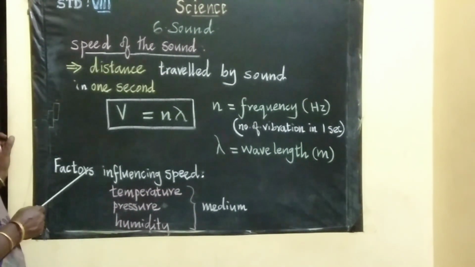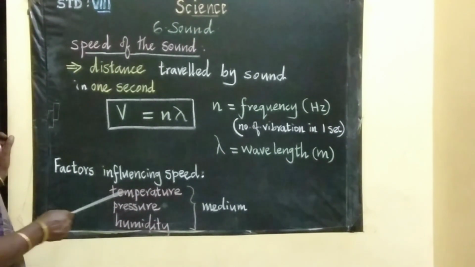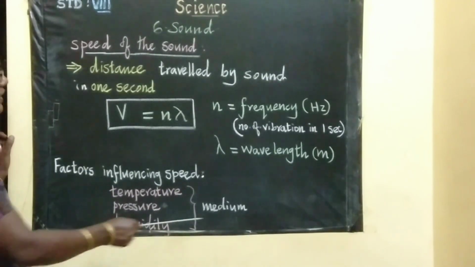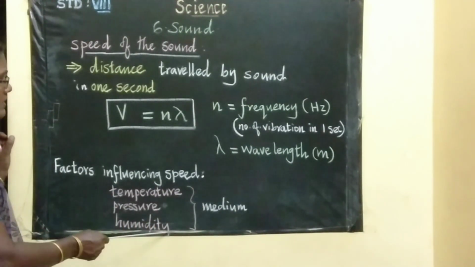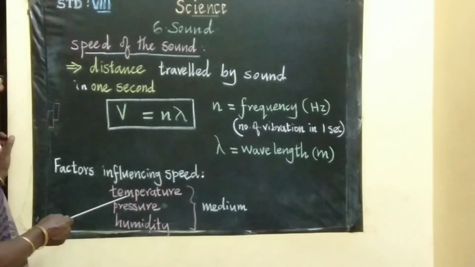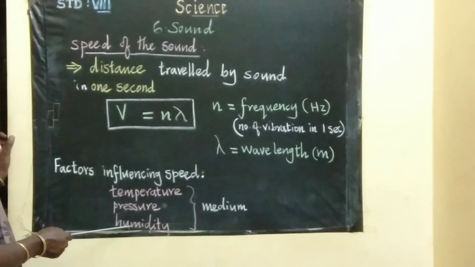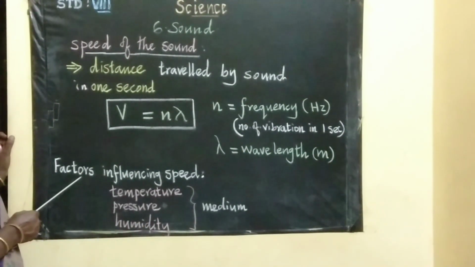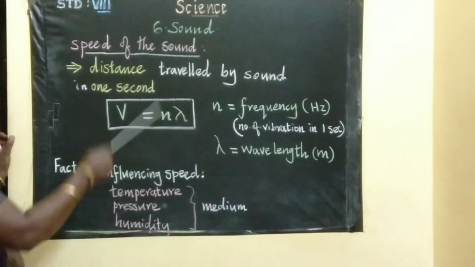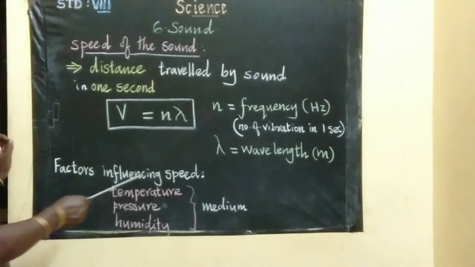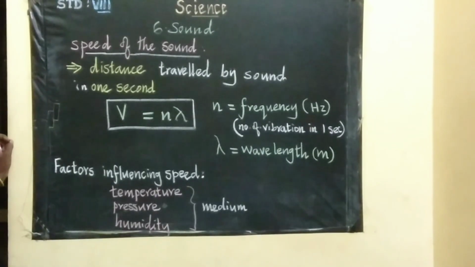They are the temperature, pressure and humidity of the medium. These are the characteristics of the medium. The temperature, pressure and humidity of the medium influence the speed of the sound.